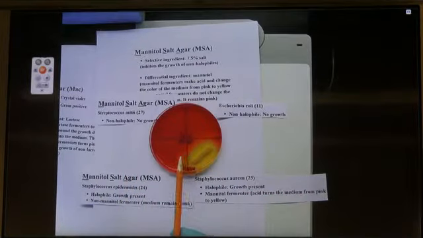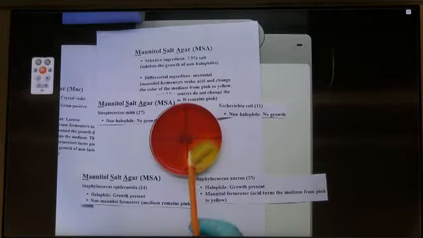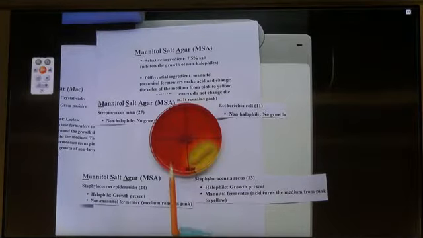On the other hand, bacteria that are halophile, Staphylococcus aureus and Staphylococcus epidermidis, they do grow, and they can be differentiated on the basis of mannitol fermentation. Staphylococcus aureus ferments mannitol and turns the medium from pink to yellow, and Staphylococcus epidermidis does not ferment. But the growth, the color is pink. The growth is actually white. I'm going to go over that.